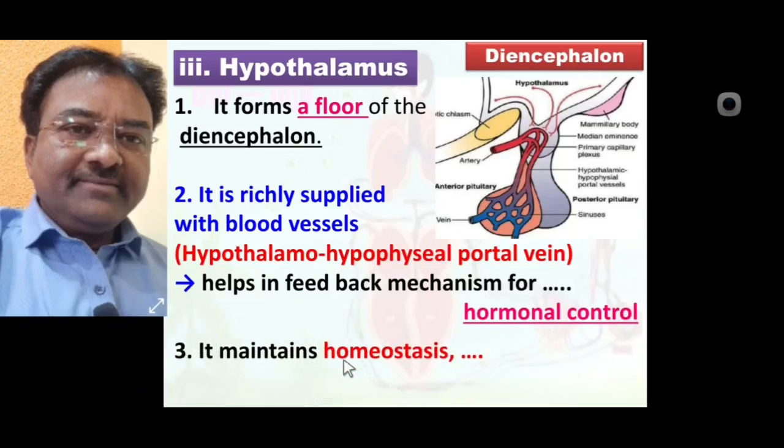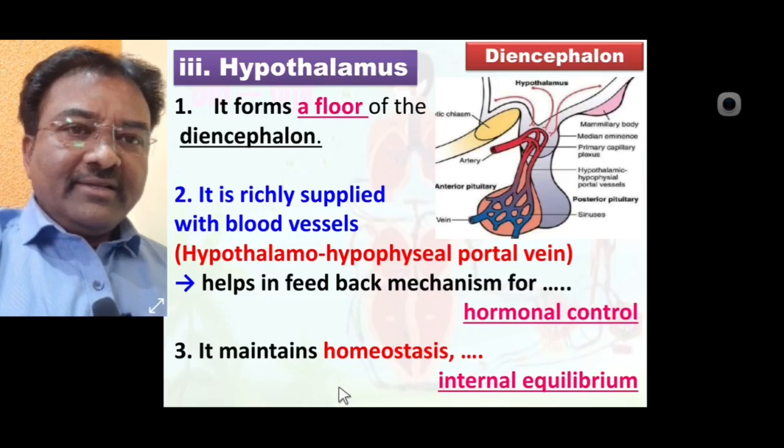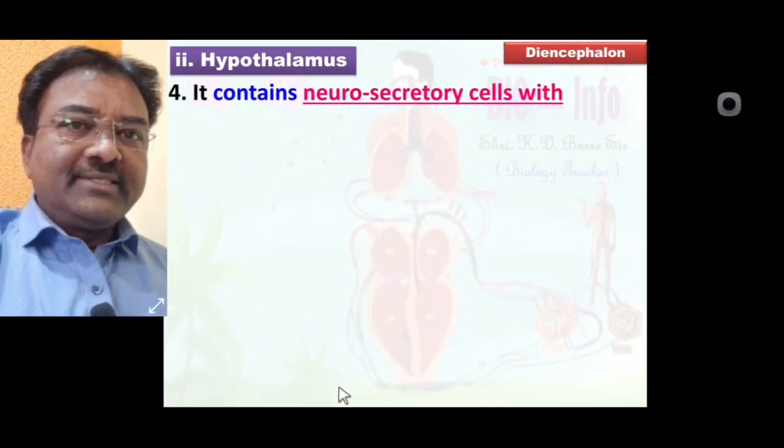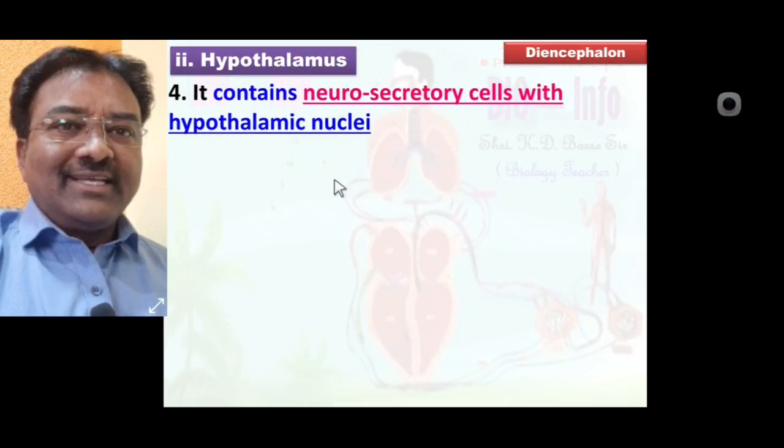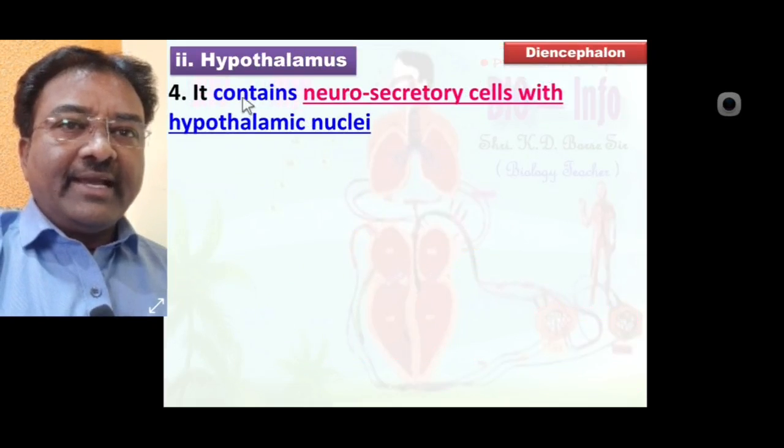Point number 3, hypothalamus maintains homeostasis, means internal equilibrium. Number 4, hypothalamus contains neurosecretory cells with hypothalamic nuclei.